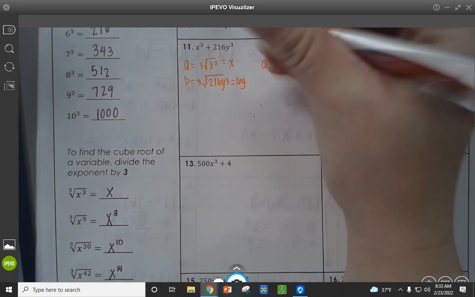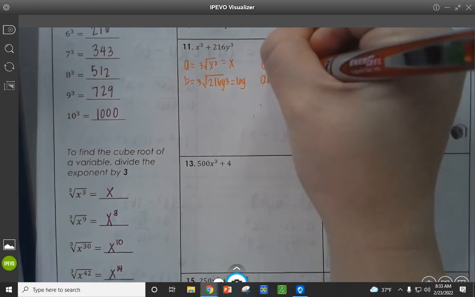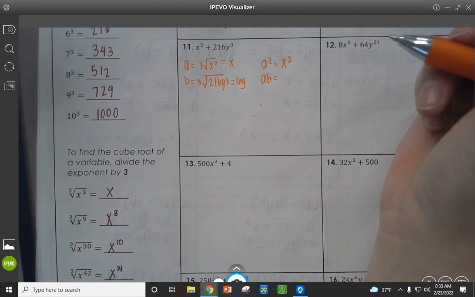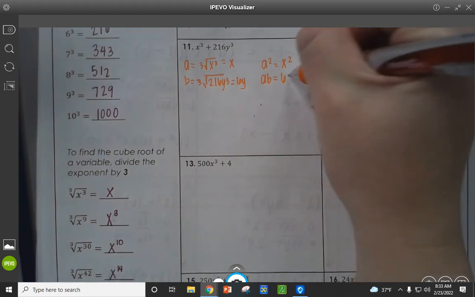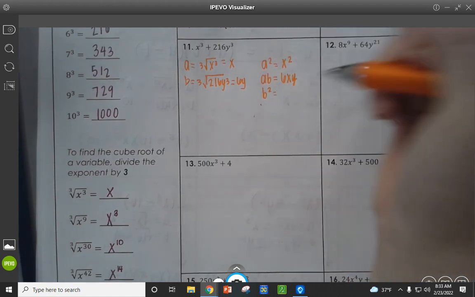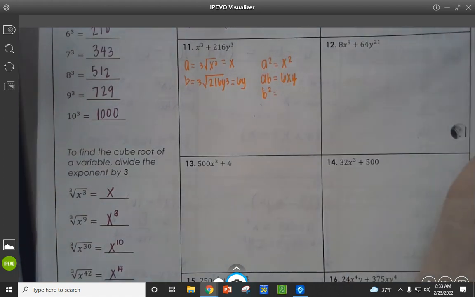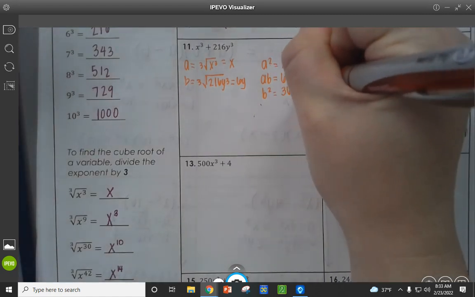A squared would be x squared. What would AB be? 6xy. And then what about B squared? 36y squared.